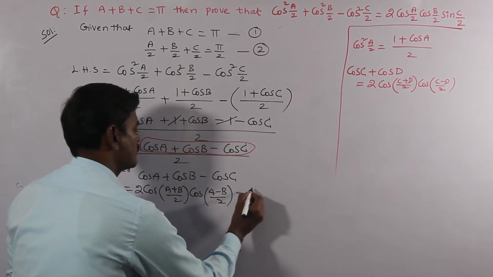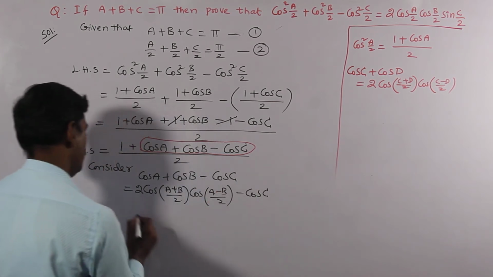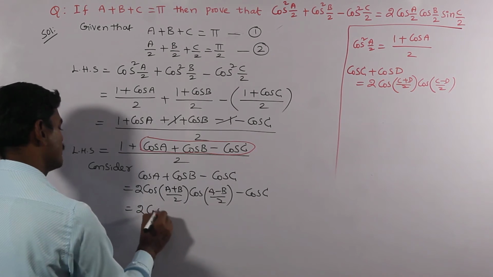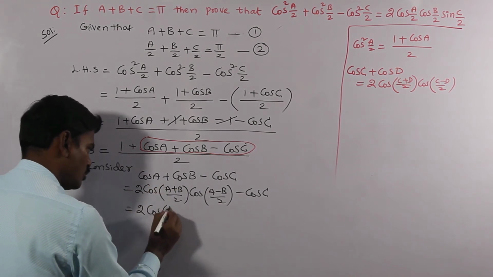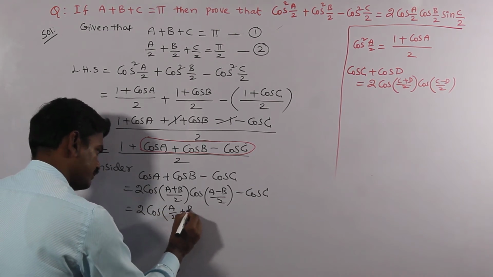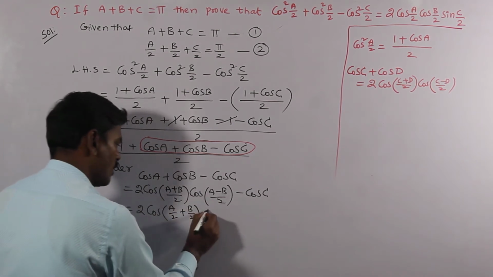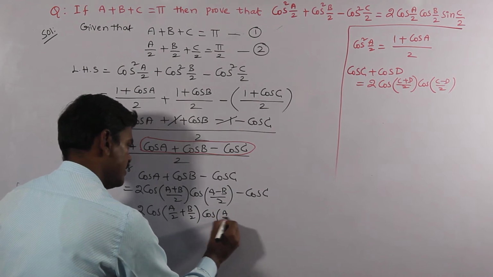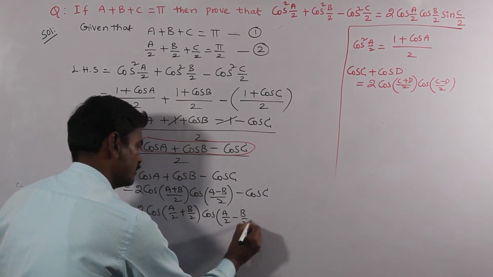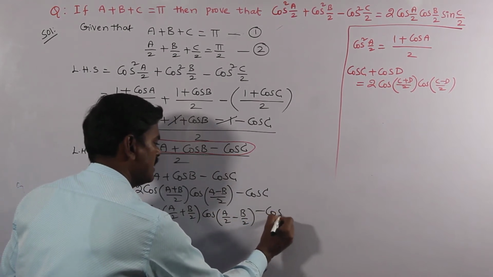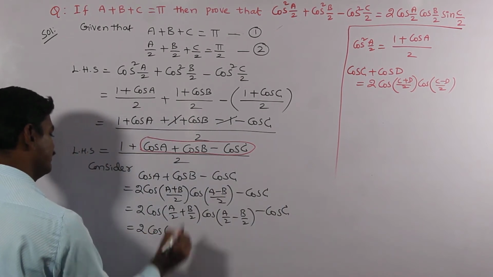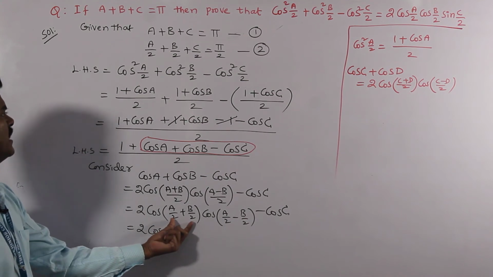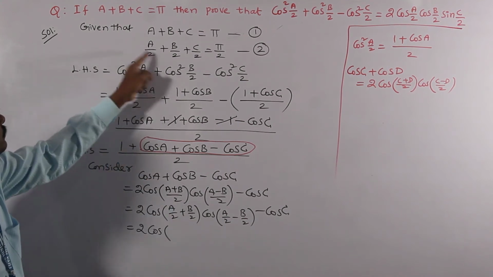Minus cos C as it is. 2 cos of, we can split, A by 2 plus B by 2, into cos of A by 2 minus B by 2, minus cos C as it is. 2 cos of, now think about the replacement, A by 2 plus B by 2.